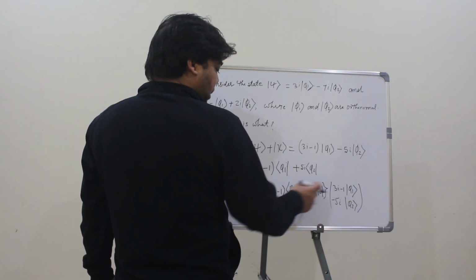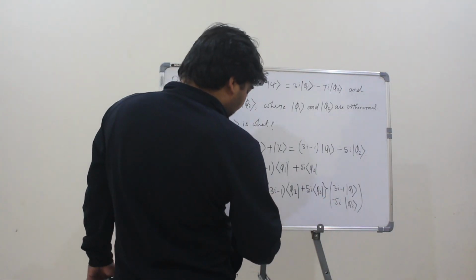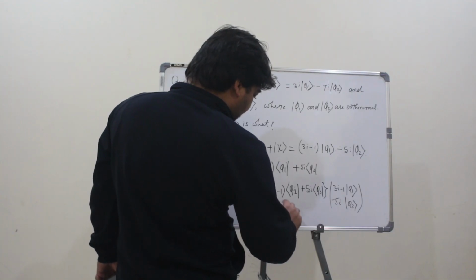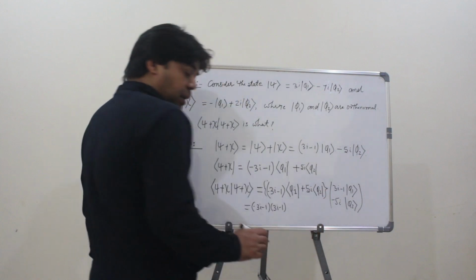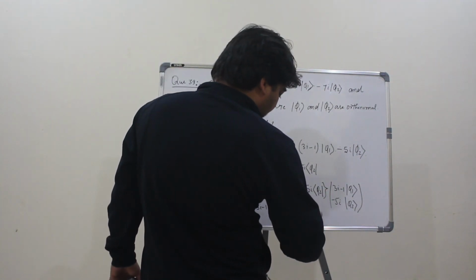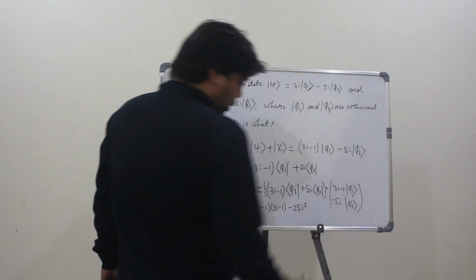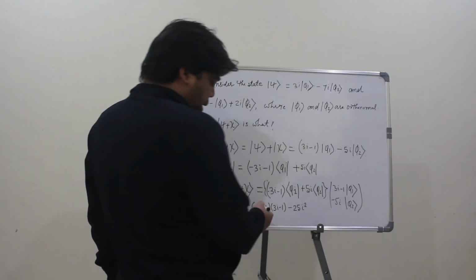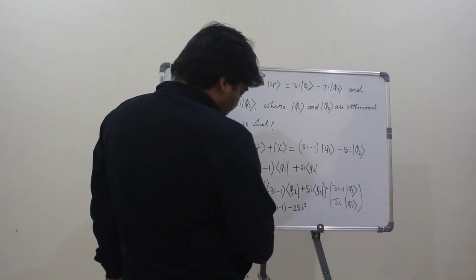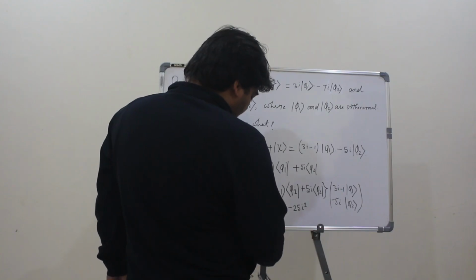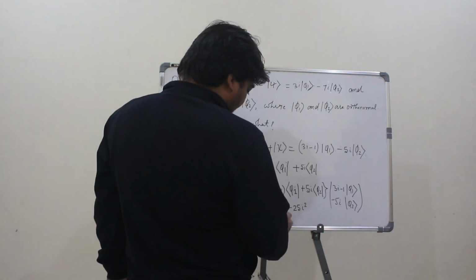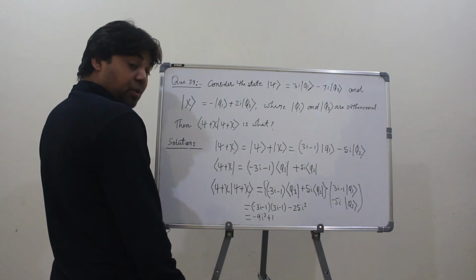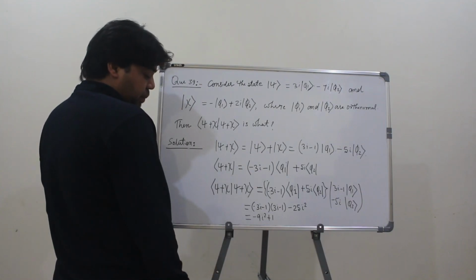So it gives you minus 3i minus 1 times 3i minus 1, and this 5i and minus 5i gives minus 25 i square, right? So how much does it give you? 3i and 3i is 9 i square with a minus, so minus 9 i square and plus 1. A plus B into A minus B is A square minus B square, right?